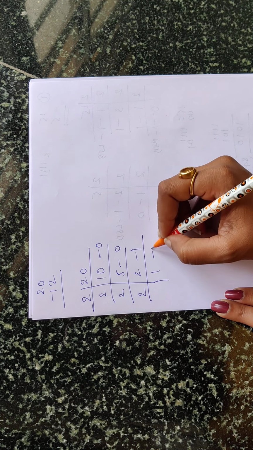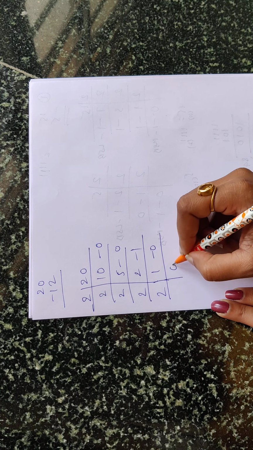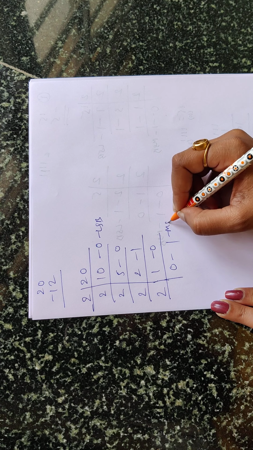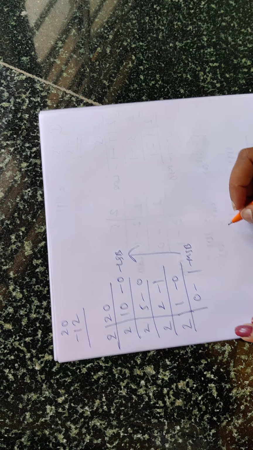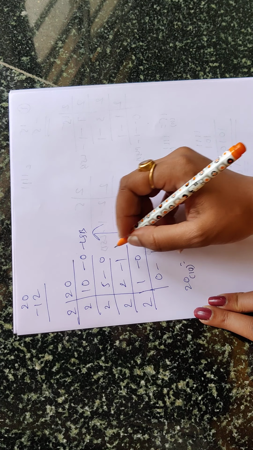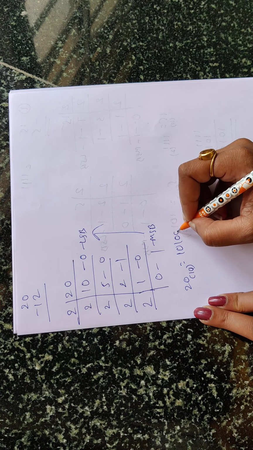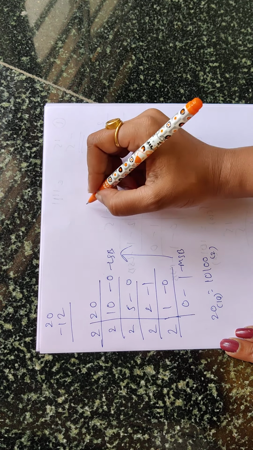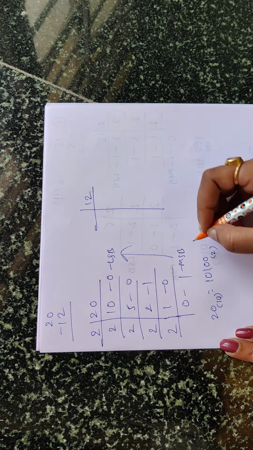Next, 2 ones are 2, 0 is the remainder. 2 zeros are 0, 1 is the remainder. So this is your LSB, this is your MSB. Then 20 to the base 10 is equal to 10100 in binary format. Next, coming to 12 divided by 2.